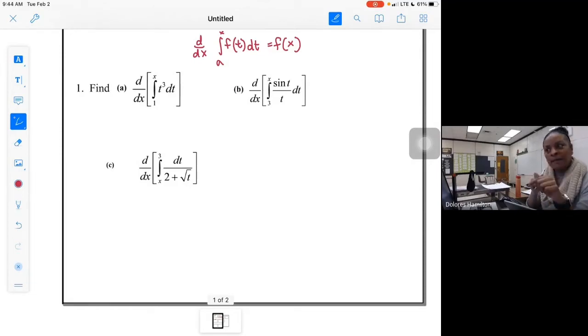I want to take that t that's in that function, t cubed, and replace it with x. And that gives us x cubed. So nice and tidy. If you try doing the t to the 4th over 4 and then plugged in the x for t and the 1 for t, and then derive that, you would still get x cubed.